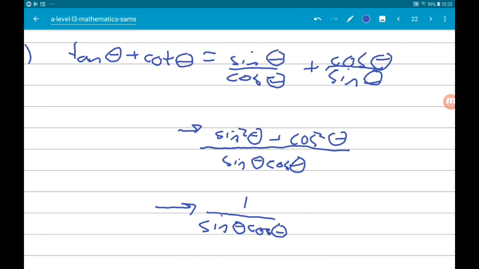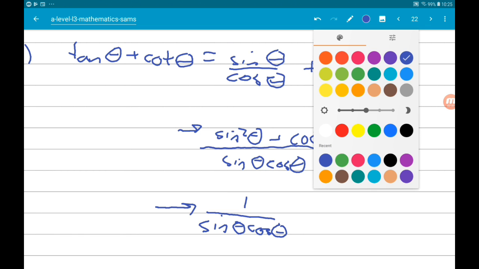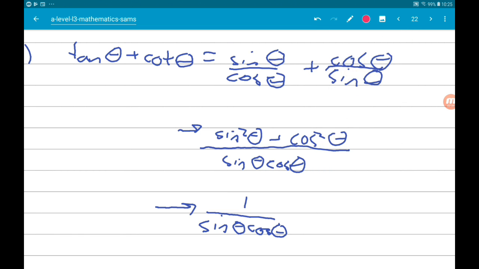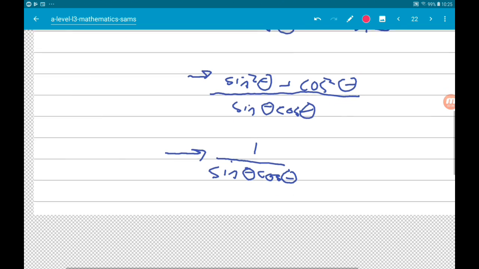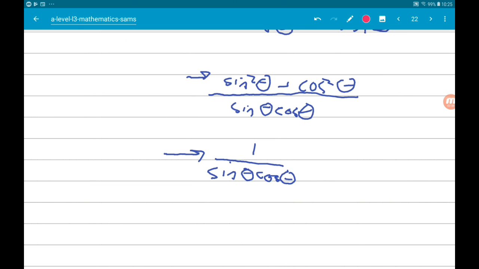Now, we also need another identity, and that is that sine of 2 theta is equal to 2 sin theta cos theta.